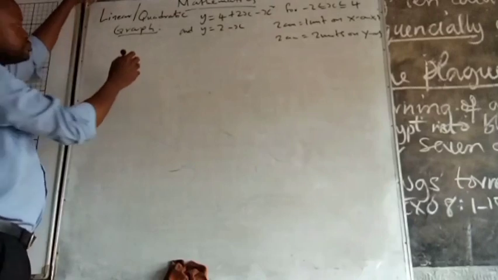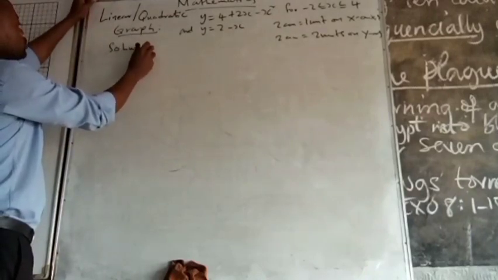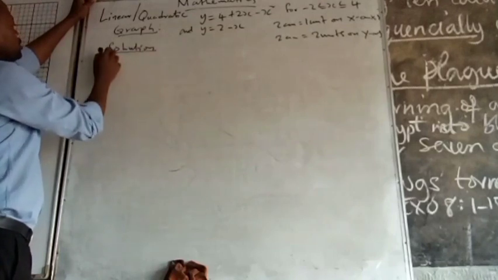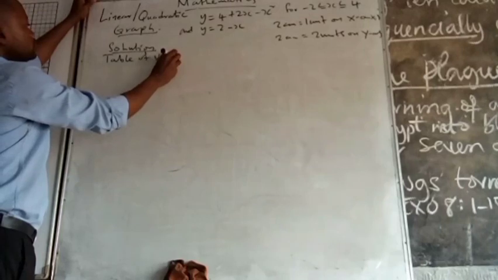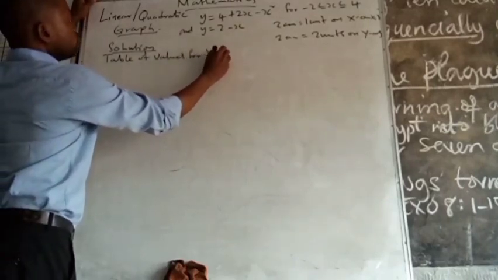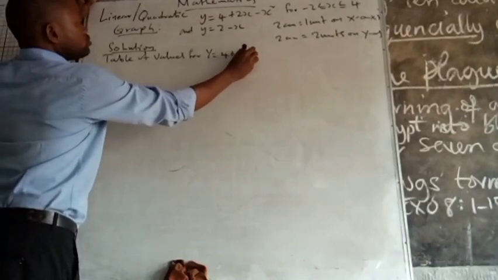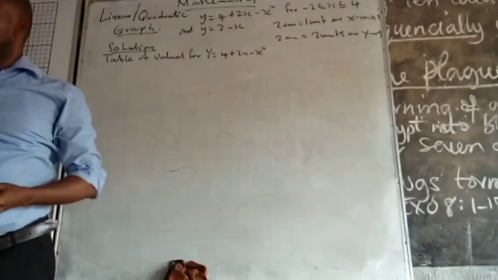So here we go. Solution. Write table of values for y equals 4 plus 2x minus x squared. That's the title of your table.